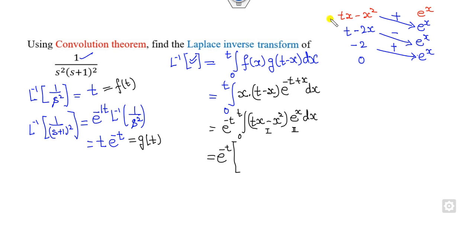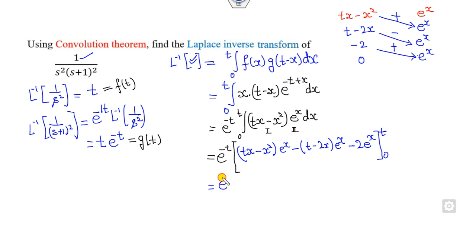That is the integration of this. This will be (tx minus x square) e raised to power x minus (t minus 2x) e raised to power x plus 2 times e raised to power x. That's integration by parts in an easy manner.